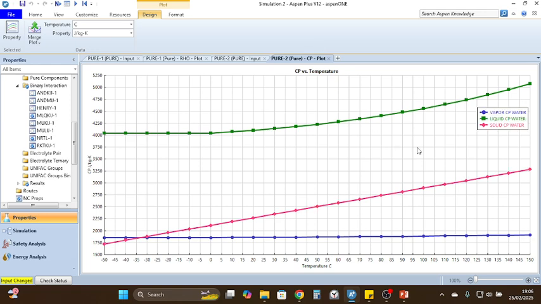Now the thing that we have to see is, for water only this much, that is in liquid phase, from 0 degree to 100 degree. This is the variation of the Cp of water with respect to temperature.